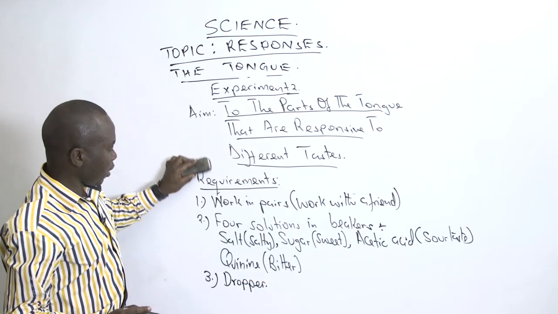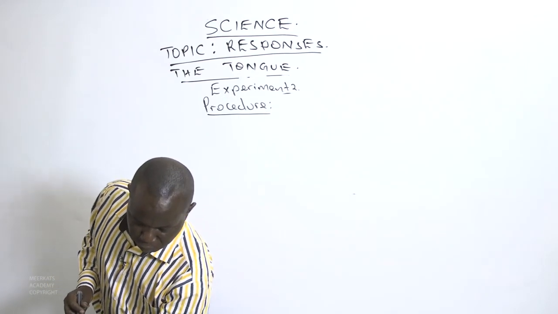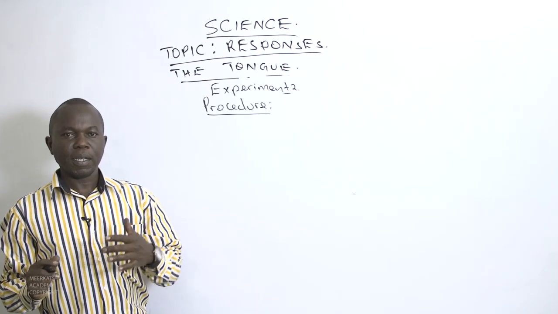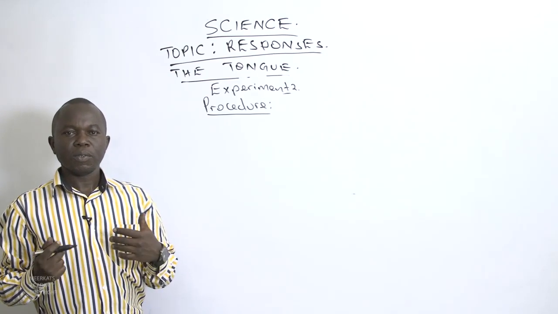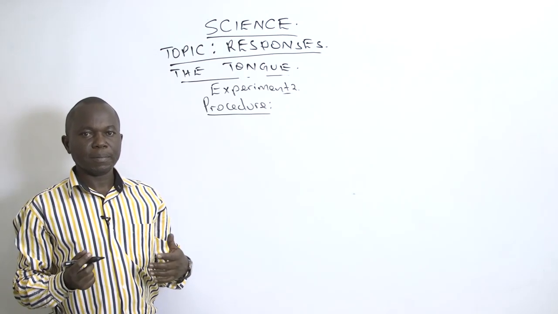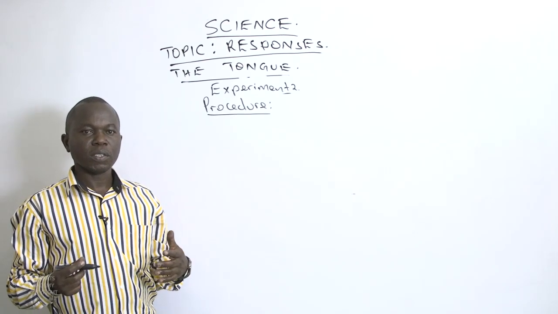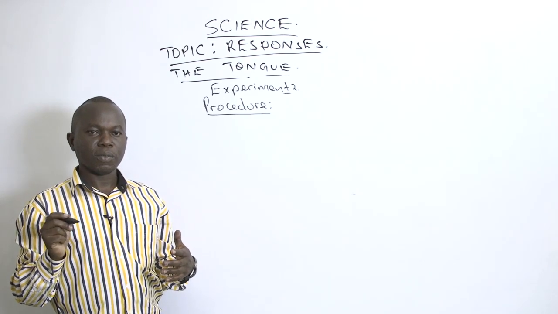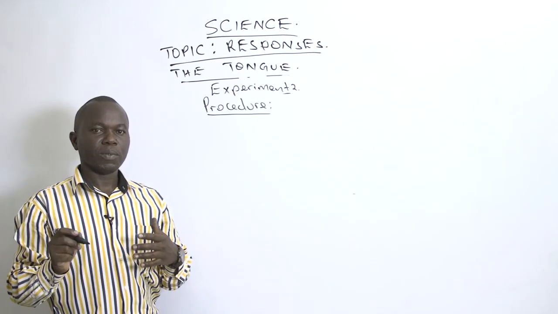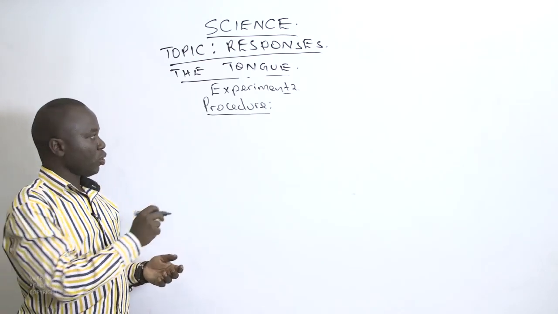So the procedure. You're going to have one person being the experimenter, and then you yourself can be the subject. Subject means the 4 solutions will be administered on your tongue. The experimenter will be dropping the solutions on your tongue.